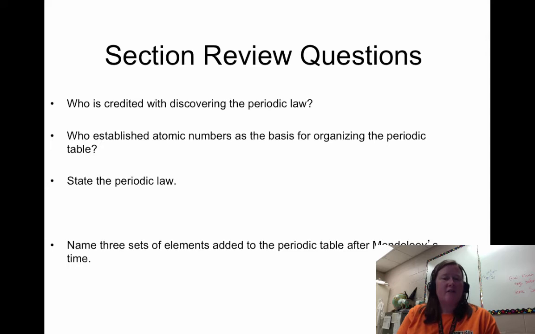So, a little introduction to the periodic table, how it was arranged when Mendeleev first put it together, what elements have been added since then, and how our updated modern approach to it really isn't that different than what Mendeleev did, but just a little bit fine-tuned with the introduction of the proton and organizing according to the atomic number. So that's all for this one today.